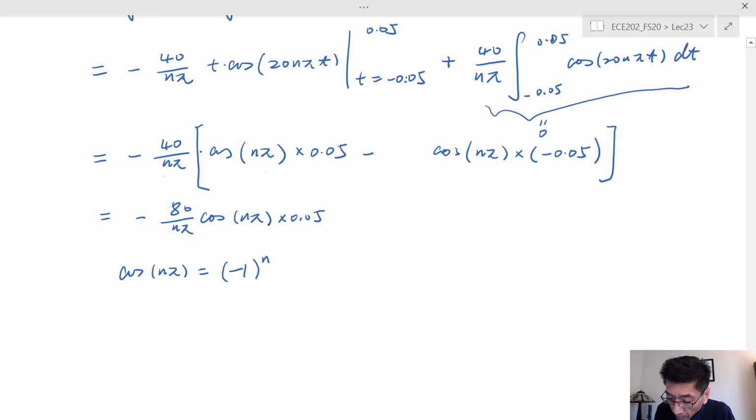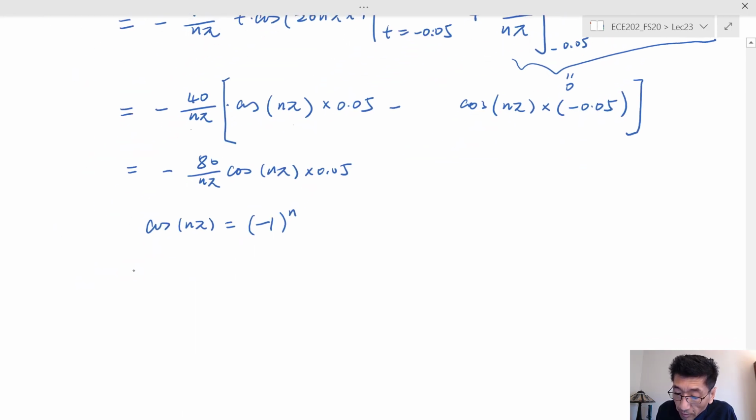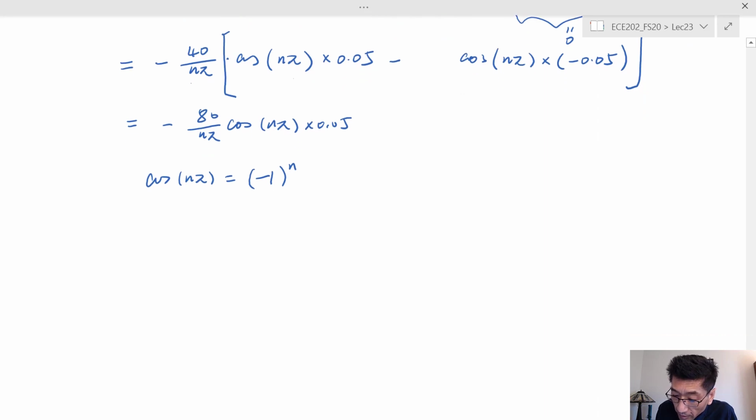So you have multiplied to the power n, and therefore Bn is finally equal to negative 1 to the power of n plus 1, right? And times 0.05 times 80, that's 4 over n pi. So this is the final solution.